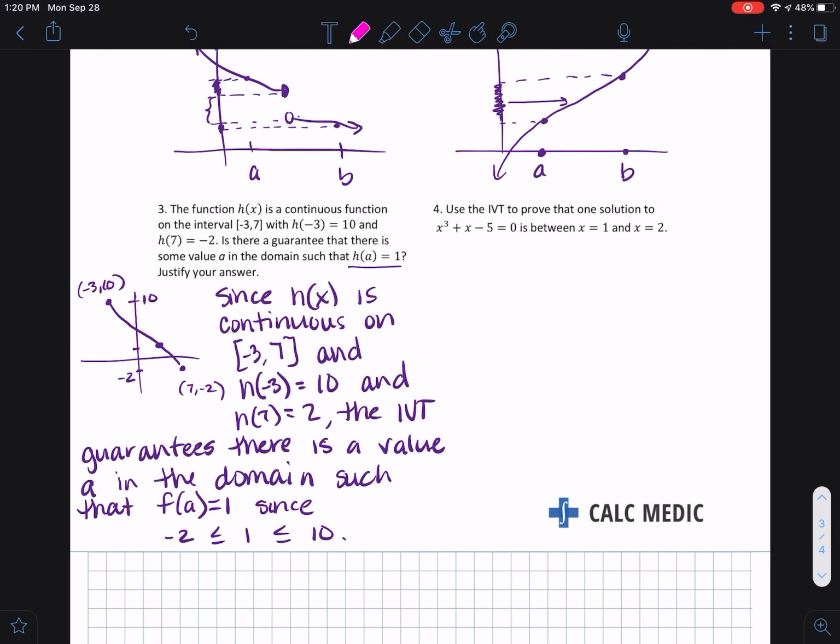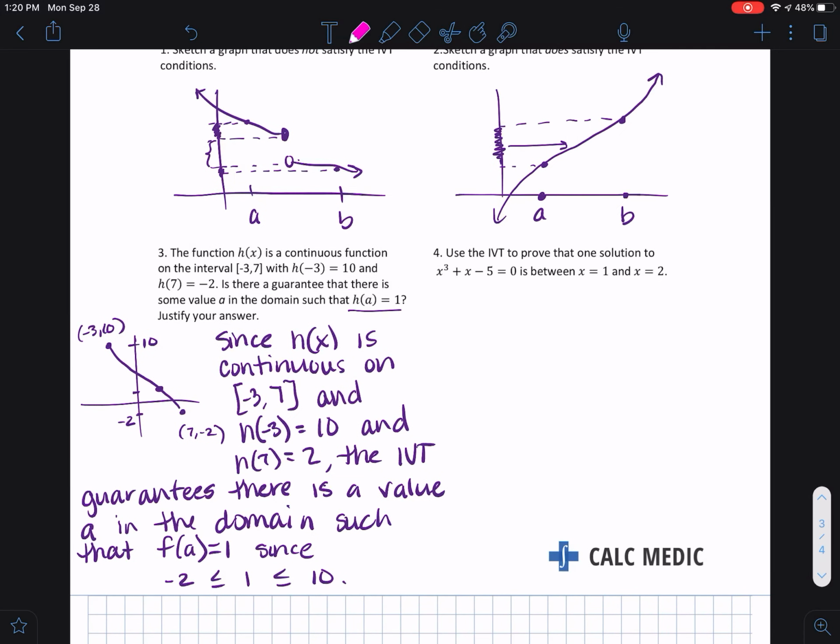All right, let's do one more example, and then we'll be done. Use the IVT to prove that there's one solution to this function. So one solution is like showing that there's a root here between x equals 1 and x equals 2.